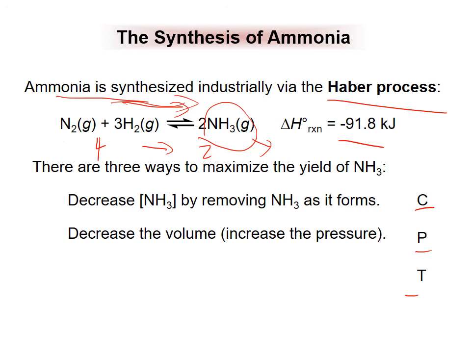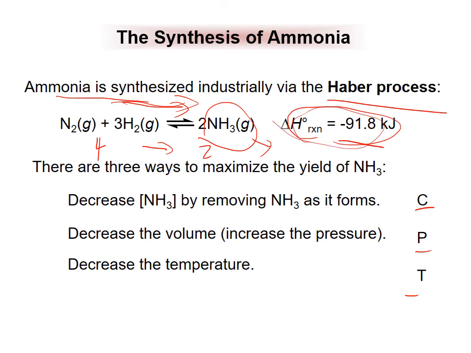And therefore that will give you a higher yield of ammonia. And lastly, the reaction is performed under low temperature, and this is because it is an exothermic reaction. High temperature favors the reverse reaction, which is endothermic, and so low temperature favors the right side and gives you a better yield.